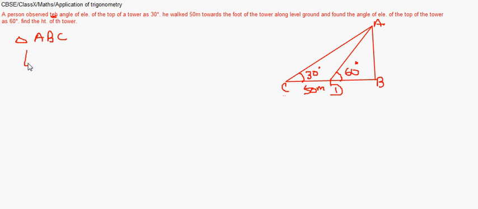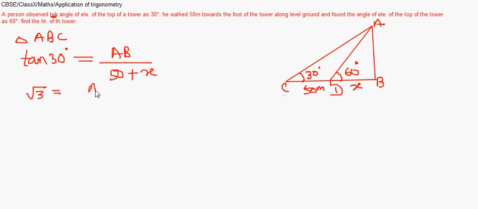That's giving you tan 30 is equal to, let me just name this BD to be X. Tan 30 is AB by the whole base, that is 50 plus X. Now tan 30 is replaced, I think that is root 3 is equal to AB by 50 plus X, and you get AB, which is given as 50 plus X into root 3.